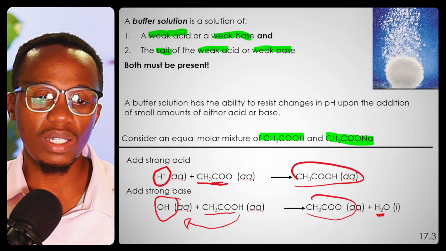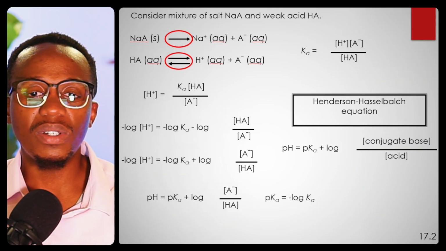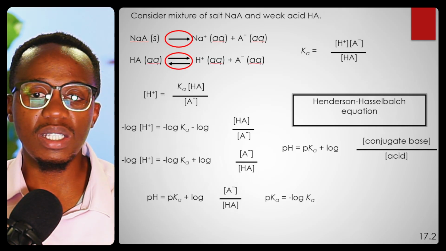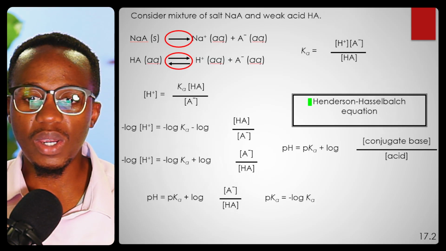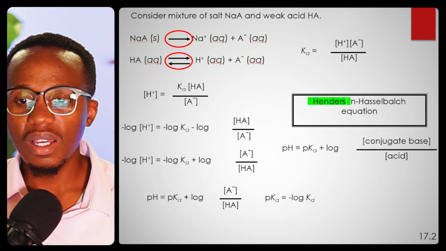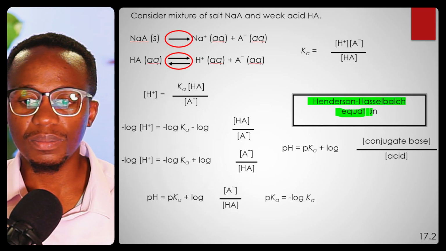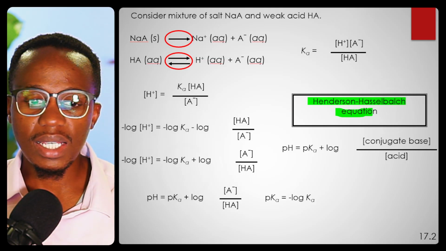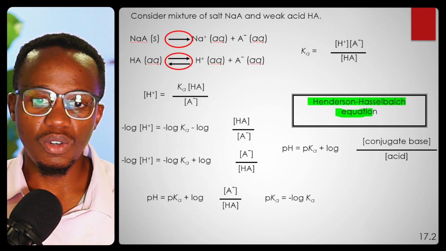Very, very important. Now we need to know how to calculate the pH of buffers. The pH of buffers is very different, and I'm going to give you an equation. Don't worry about all of these. It's called the Henderson-Hasselbalch equation.